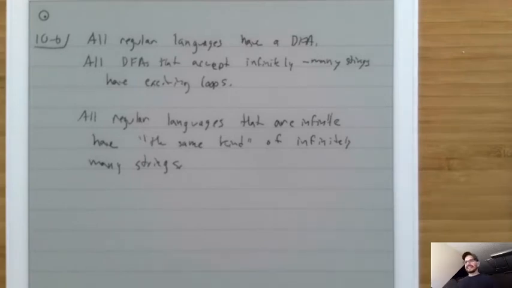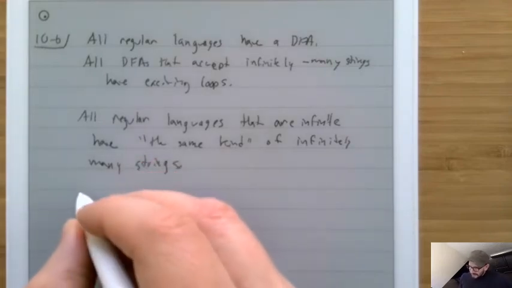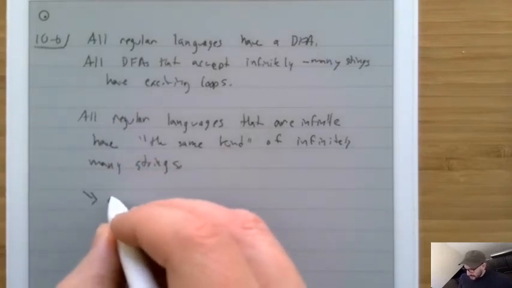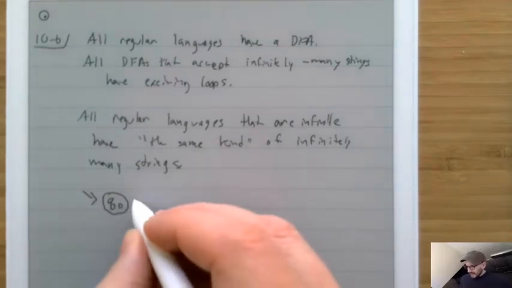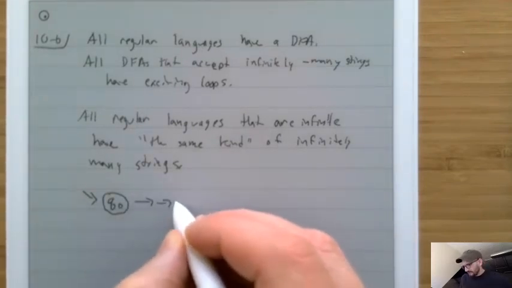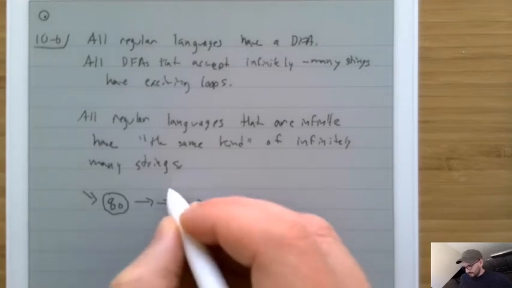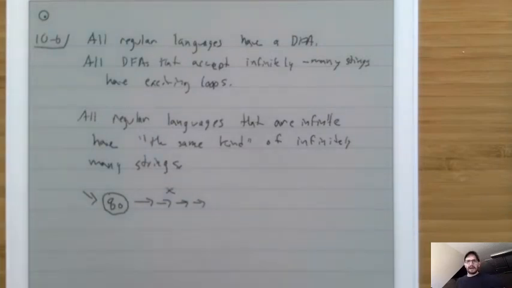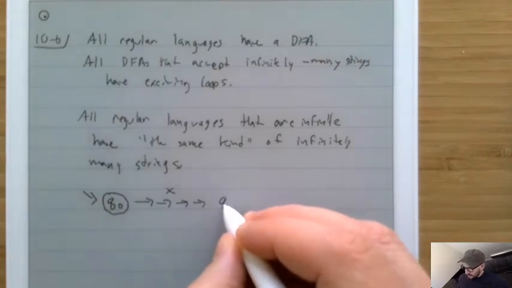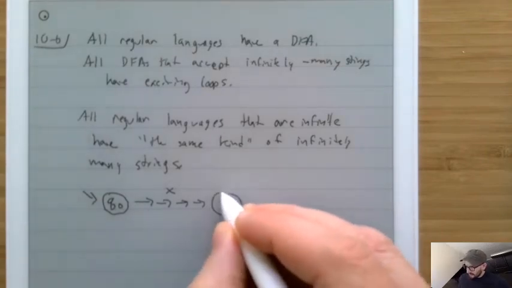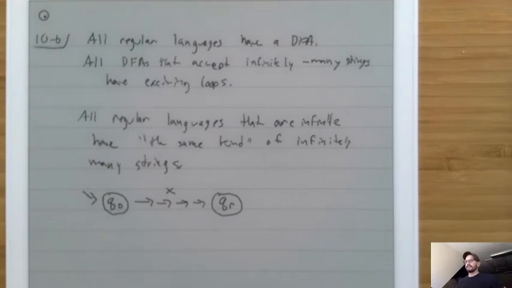Now, what exactly is that loopy pattern? That loopy pattern is that you start in the start state, and then you have a bunch of transitions, and let's label the path of them X. And then you eventually get to a state that we'll call QR, R for repeated, the state that gets repeated.